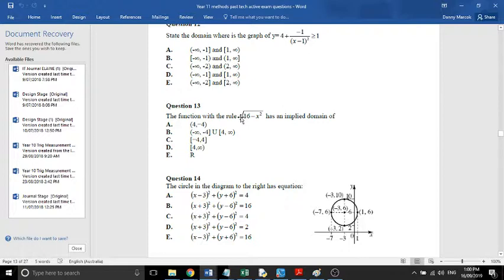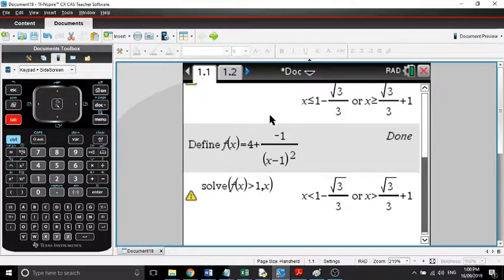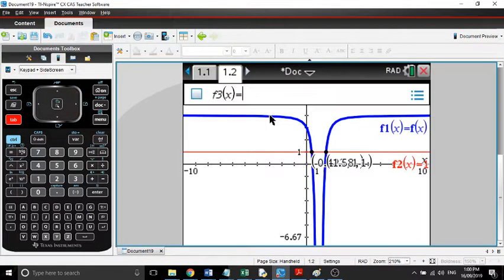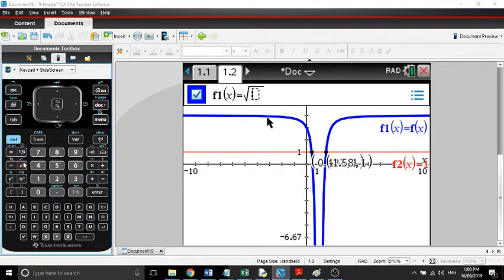Function with the rule, this has an implied domain. So I'd be thinking negative 4 to 4, that one there, because of the fact that it looks like it's a semicircle, but we'll graph it just to be sure. So let's go to this next one, tab, I'll delete this, and I'll say the square root of 16 minus x squared.